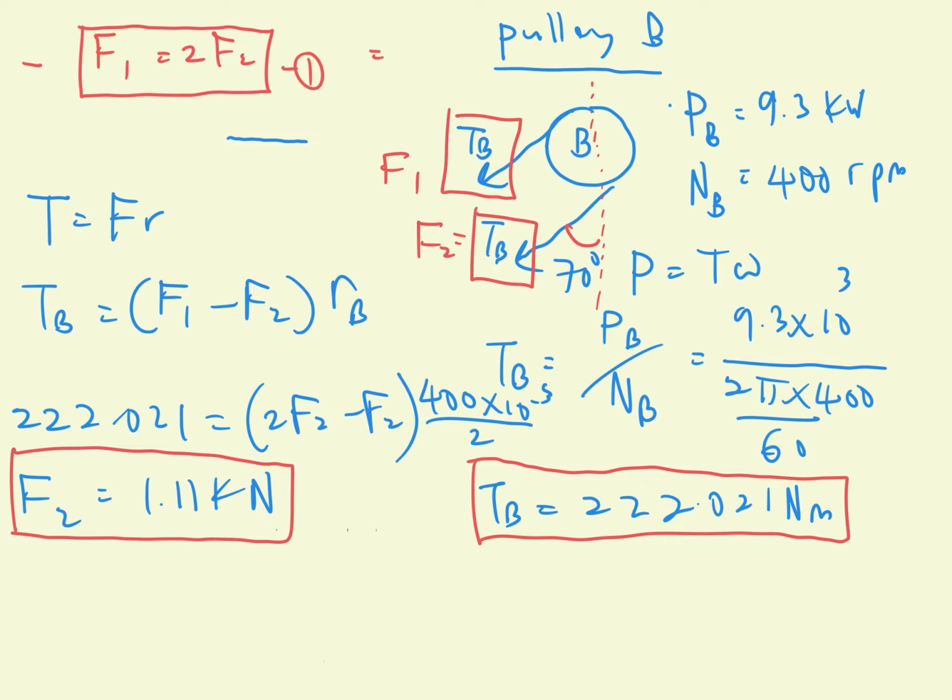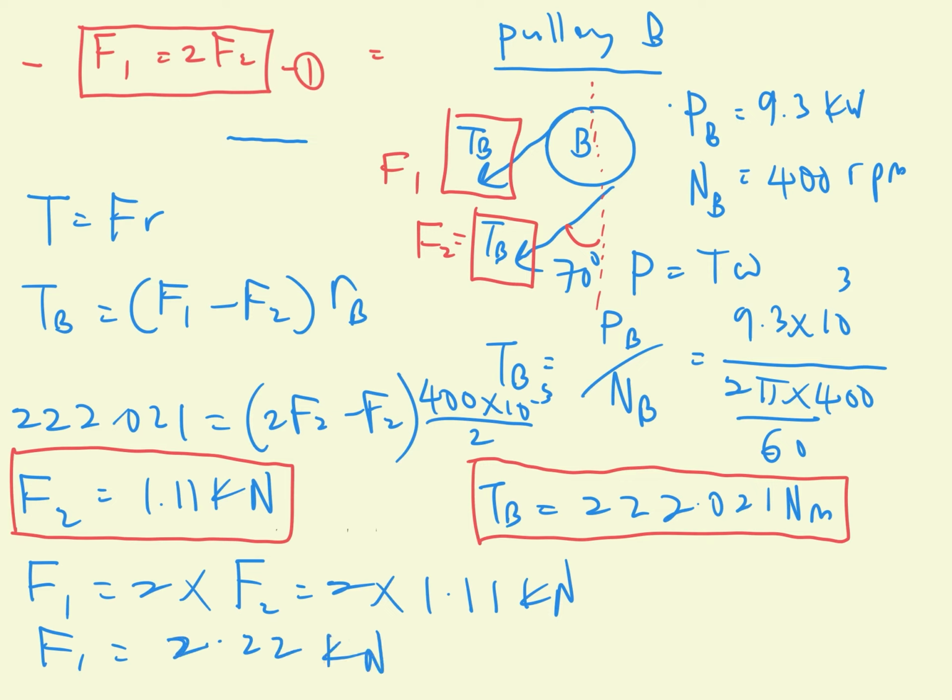Next we want to find the value for the tight side. We just use the first equation, F1 equals 2 times F2, so we put the value of F2 into it. F1 is 2 times 1.11 kilonewton, so F1 is equal to 2.22 kilonewton.